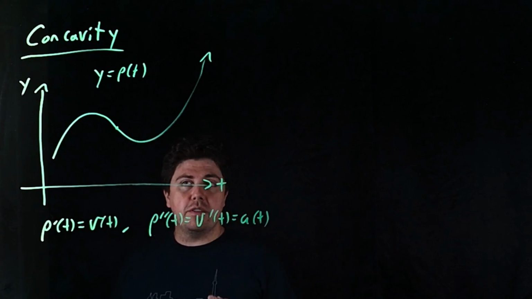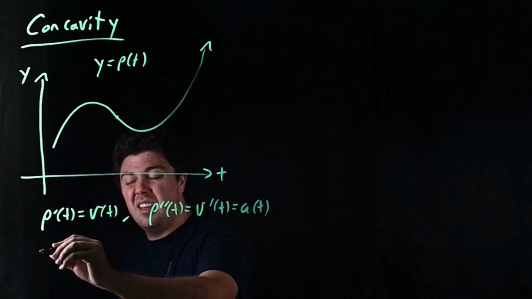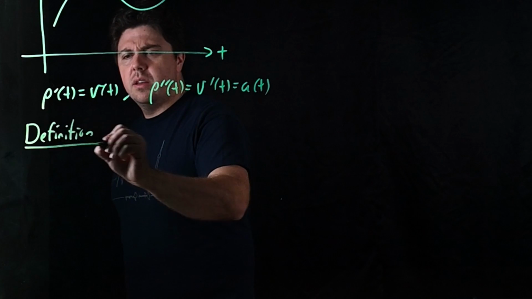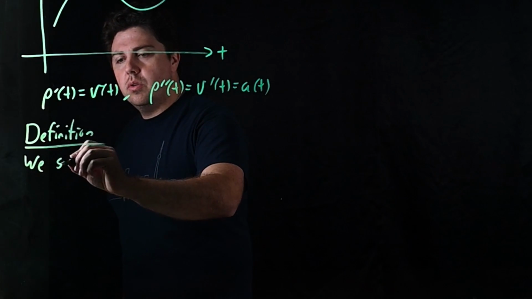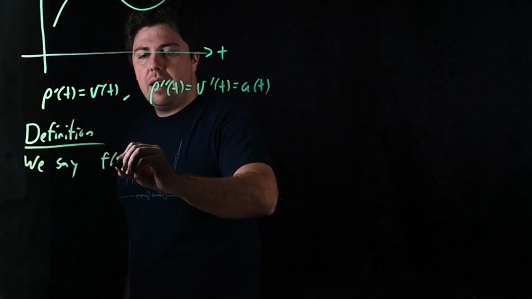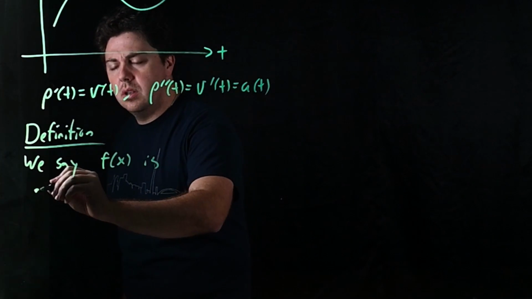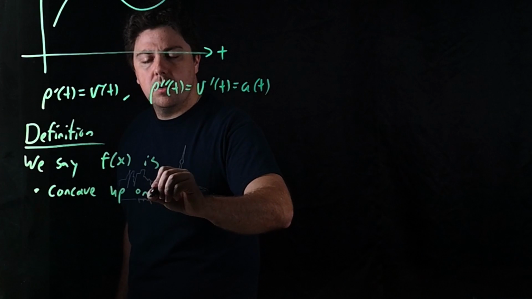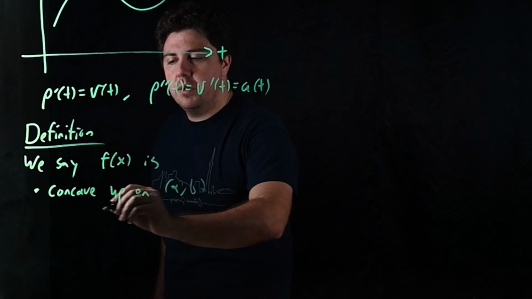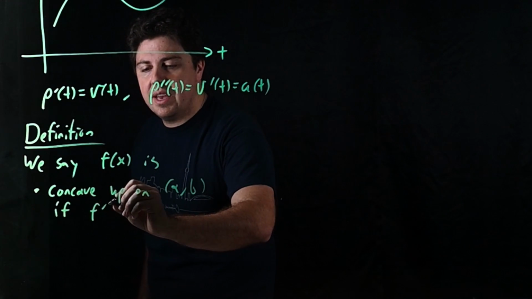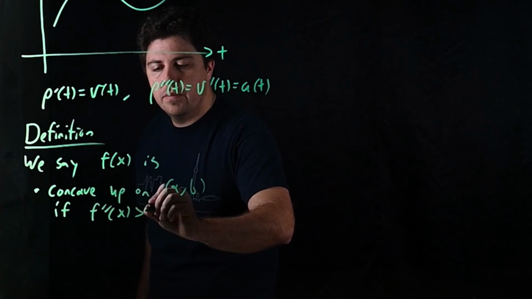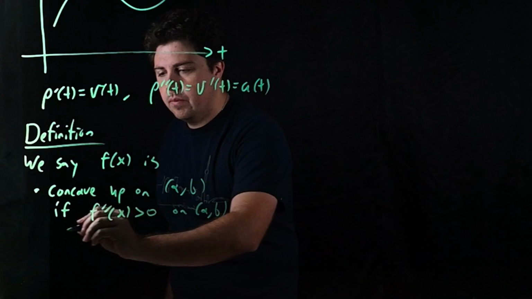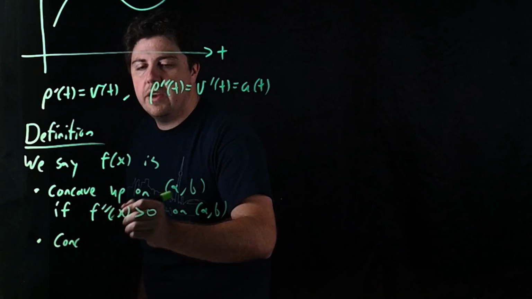There are other definitions of concavity, and I'll speak them out, but as a definition, we say f of x is concave up on an open interval if the second derivative is positive on that interval, and similarly concave down if it's negative.